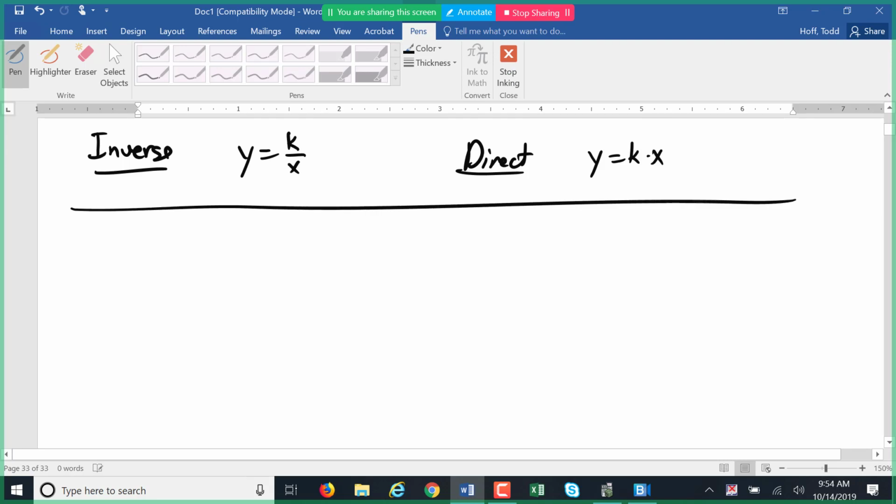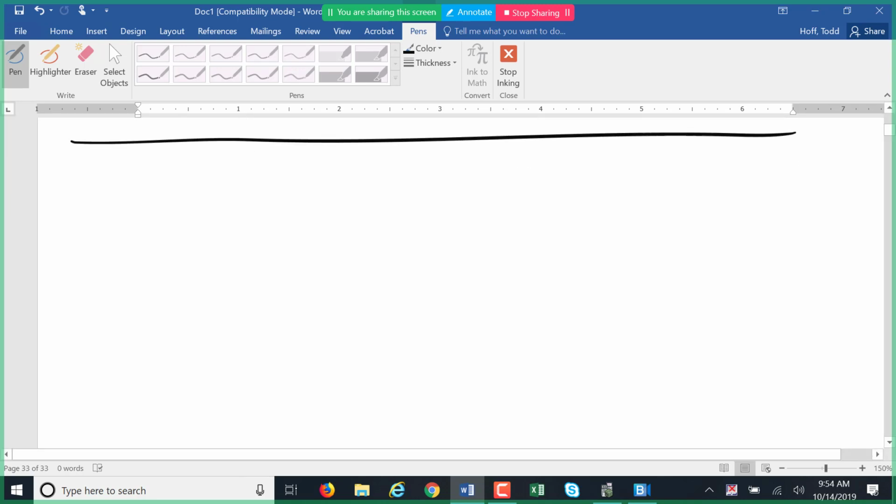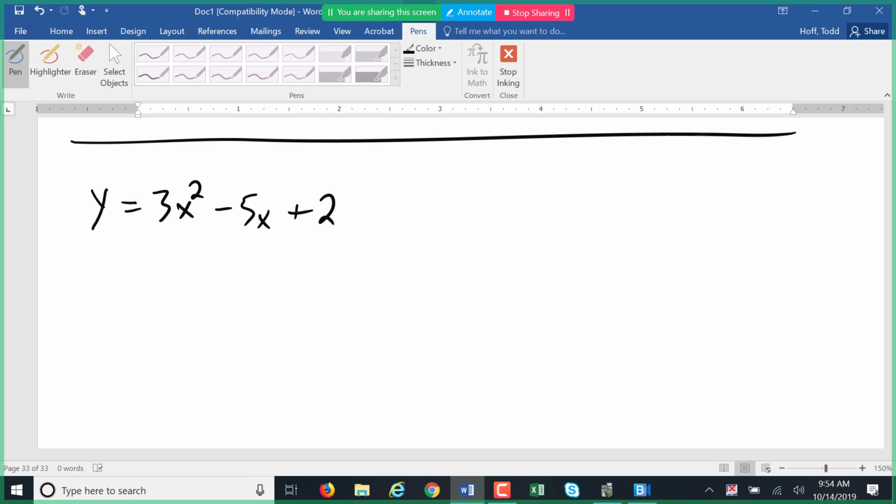Okay, well, today we're going to start a discussion of exponentials and logarithms. So far, we've looked at a lot of equations with exponents in them. y or f of x equals something like 3x squared minus 5x plus 2. Things like that have exponents in them.